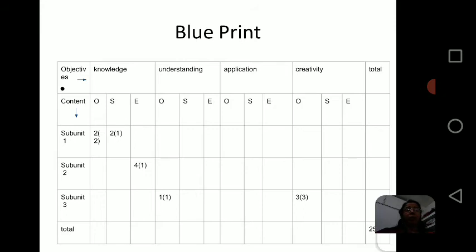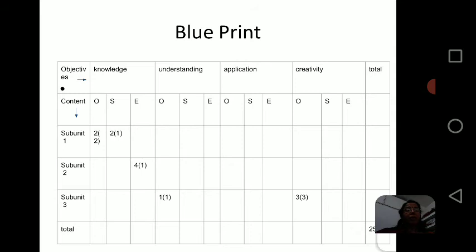The second box 2, 1, it comes under S, that means short answer type item. 2, 1 means within the bracket number of questions and outside the bracket total marks. 2, 1 means 1 question carrying 2 marks, and the form of question is short answer, and it is used to measure the knowledge objective, and it is from subunit 1.